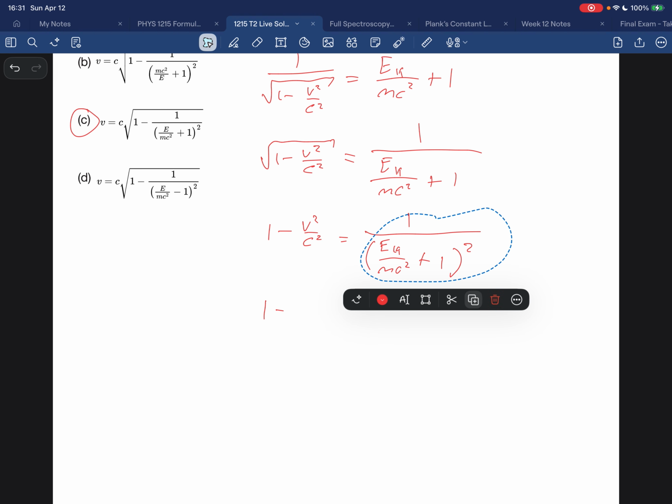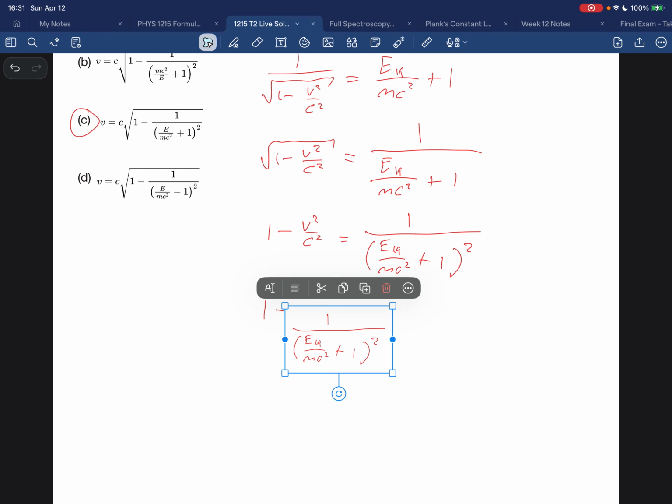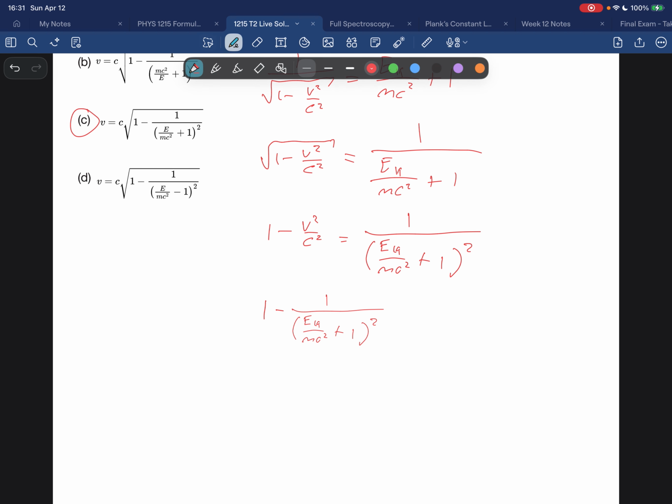I'm just going to save myself some time and do this. There we go. Equals v squared over c squared. That's better. Okay, so they kind of just switch places there, which is nice.